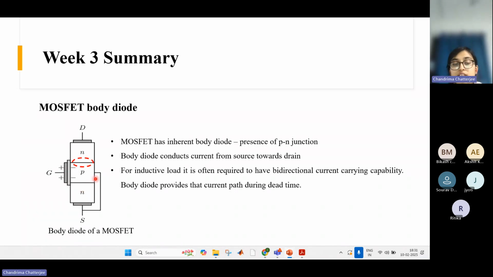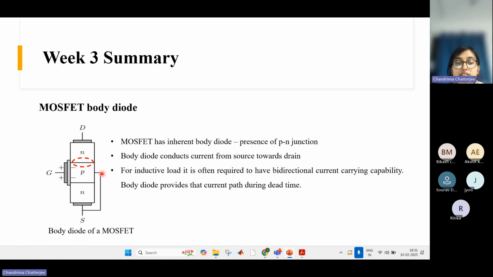So internally, this P and the source are connected. Like here I have shown this line, but in the MOSFET package itself, this P type layer and the source are connected, right?